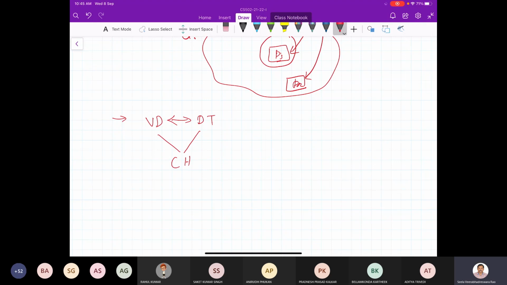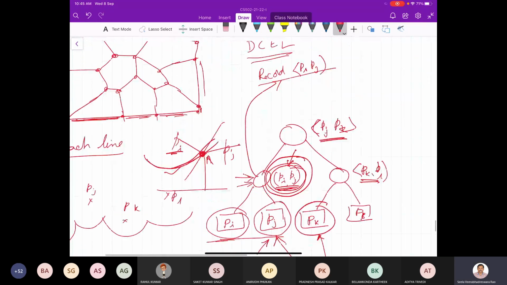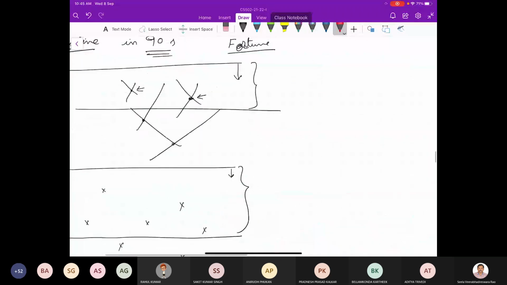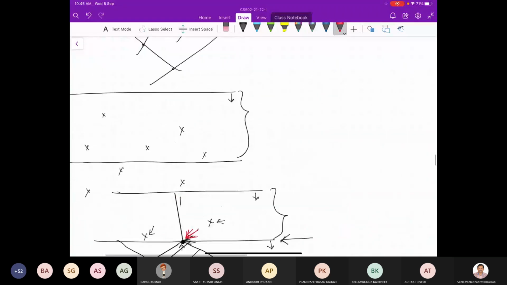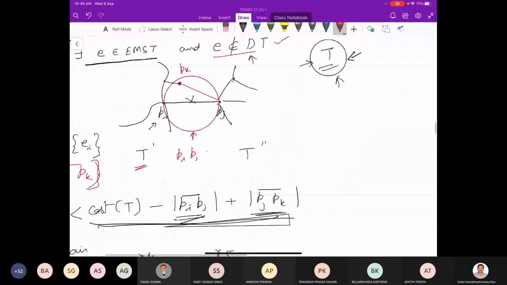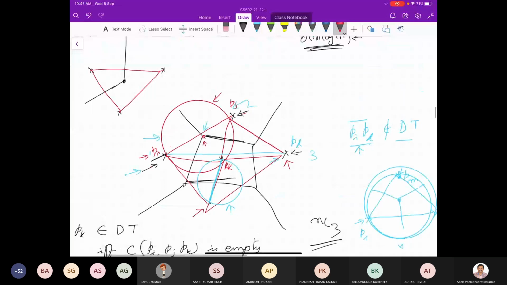Can you find out the relation between the convex hull and these? Obviously, what we have said earlier: the regions which are unbounded in the Voronoi diagram, those sites are actually on the vertices of the convex hull.